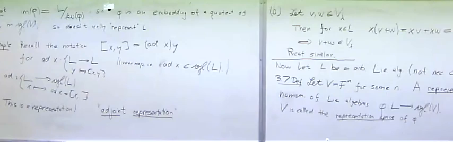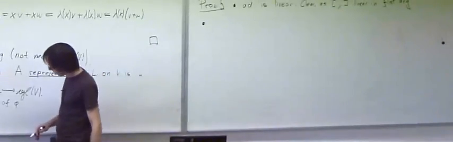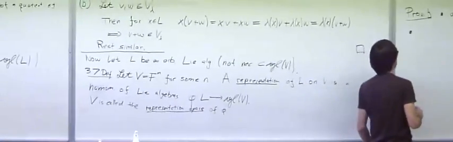The second property we have to show is that it's compatible with the Lie brackets.